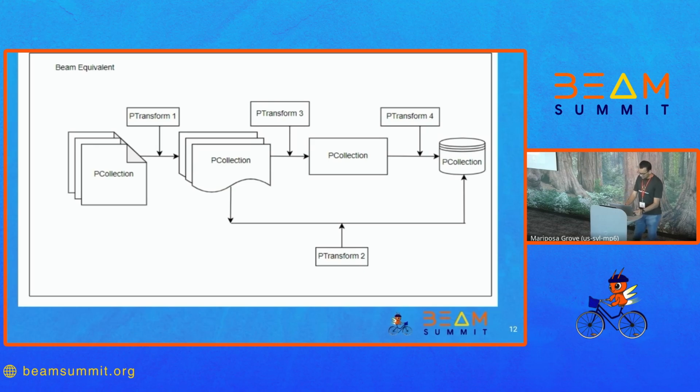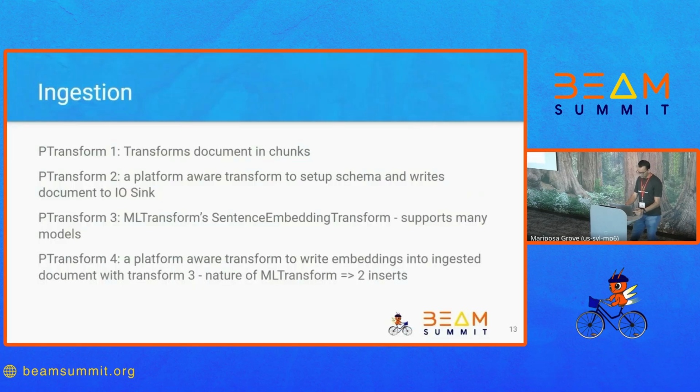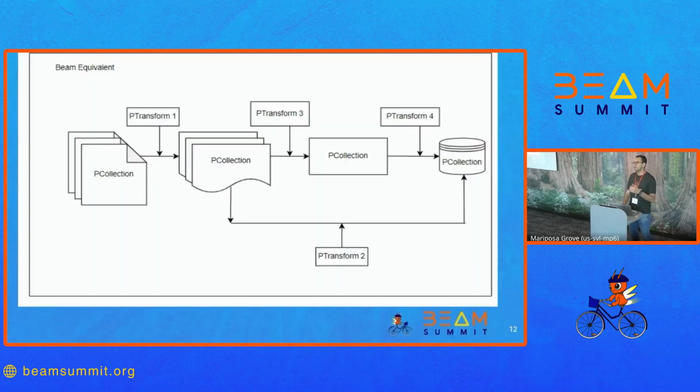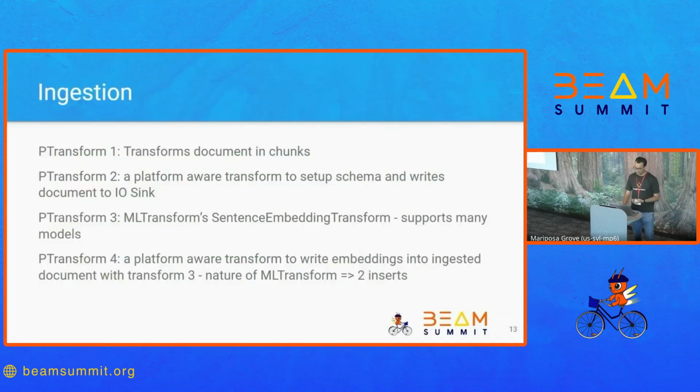So the second PTransform is a platform aware transform, where we are setting up or connecting to the vector database, and then we are writing the chunks into it. When I say platform aware transform, it means that the code will be different for different databases.